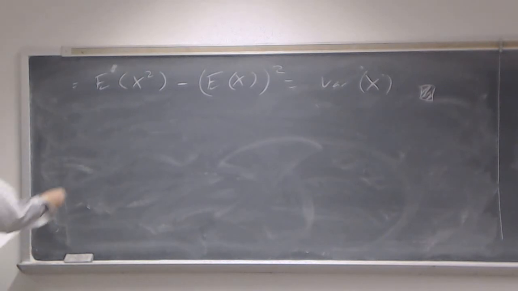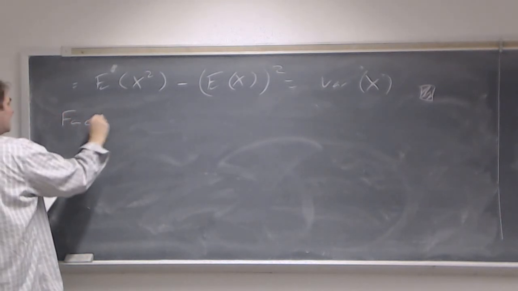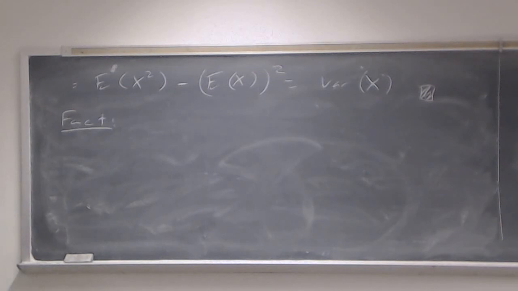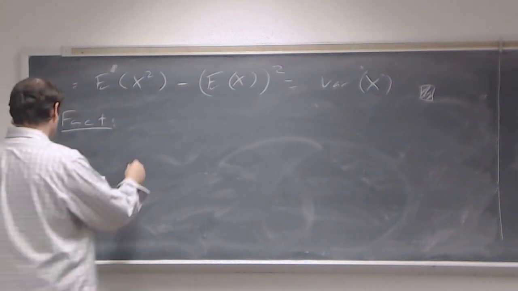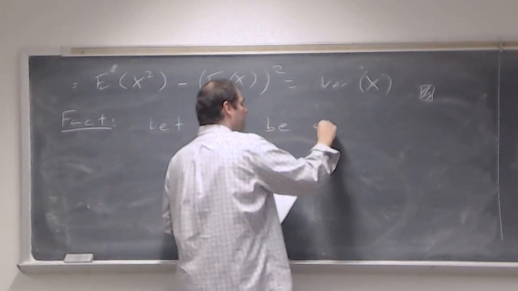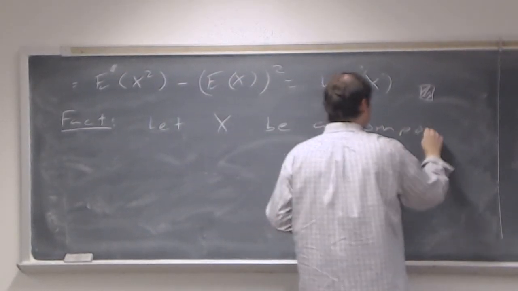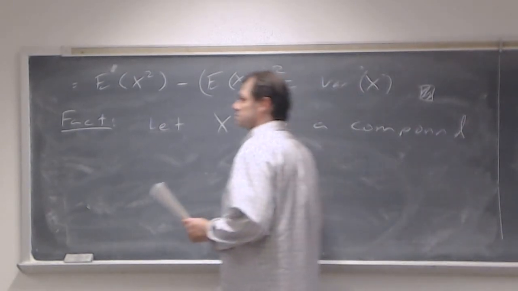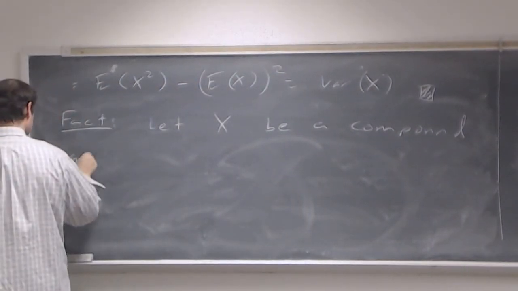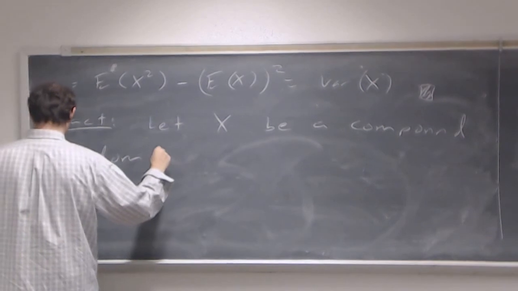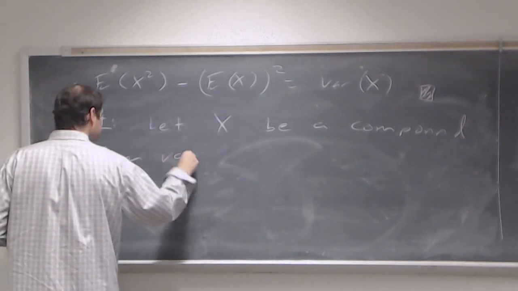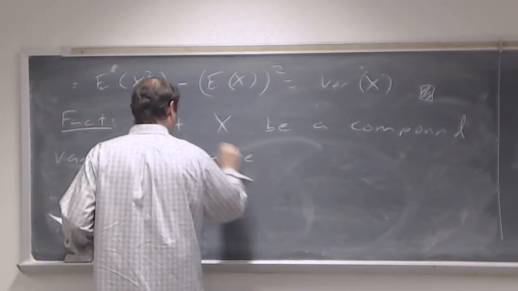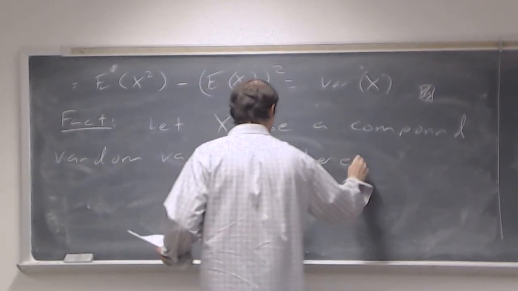Okay. As a last fact for this lecture, it has to do with compound random variables. So it says let X be a compound random variable. We talked about that last time. What does that mean?